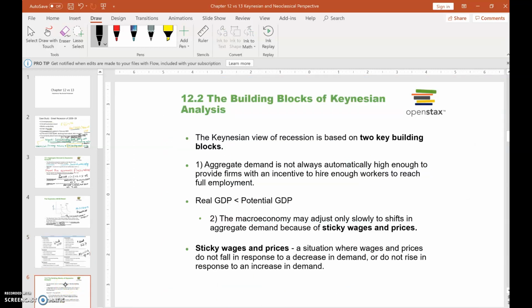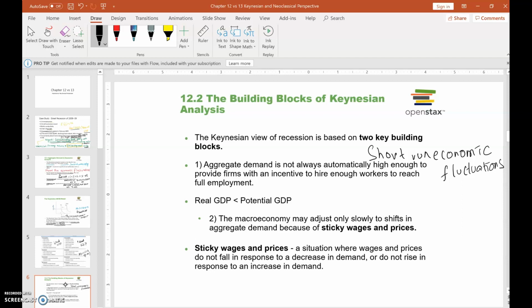Now here we are going to look at the two building blocks of the Keynesian analysis. According to Keynes, the economy goes through short-run economic fluctuations. That means we can be in a recession, we can also be in an inflation, and the real gross domestic product is less than potential gross domestic product when we are in a recession.